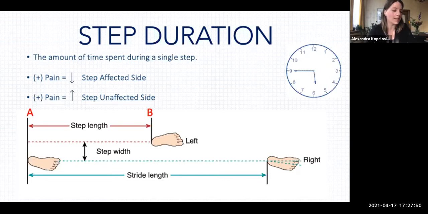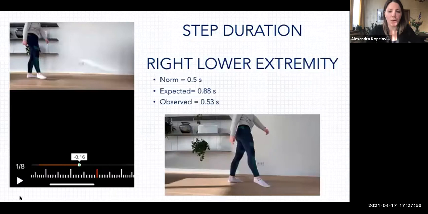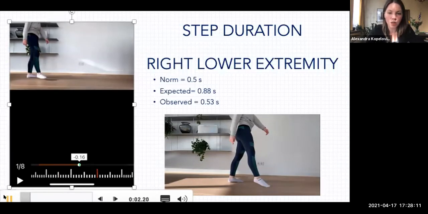So let's examine step duration for our patient case scenario. Once again, we're back to the huddle technique. We're going to start counting off the step from the right foot to the left, and you're going to see the timer go to 0. Give it 1 second, and negative, negative, 0.